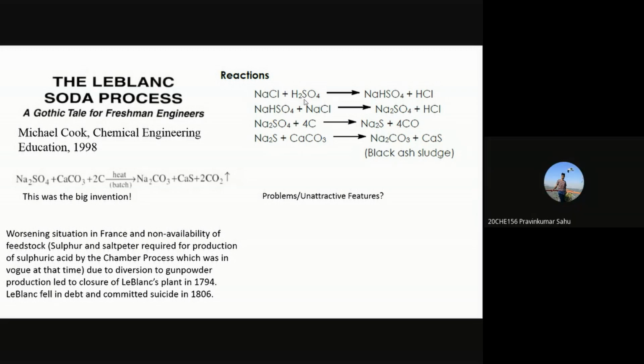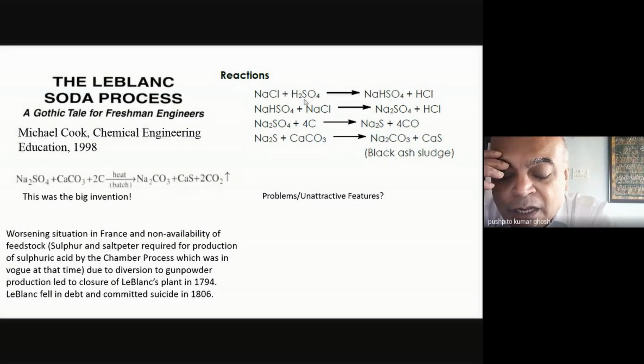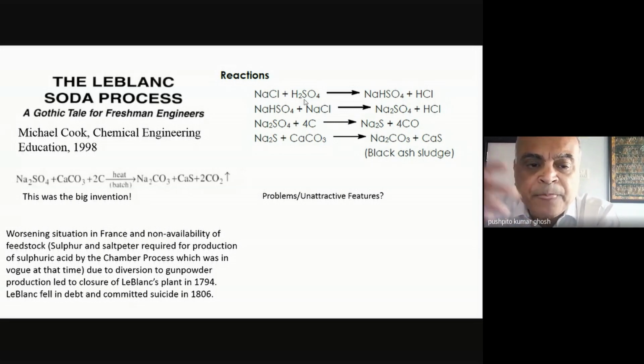And I also needed Chile saltpeter because it had to be catalyzed by nitrogen oxides. What happened was that because of wars, all the sulfur and Chile saltpeter got diverted to make weapons. Leblanc had his plant, but he had no raw material. He said, how will I run the factory?